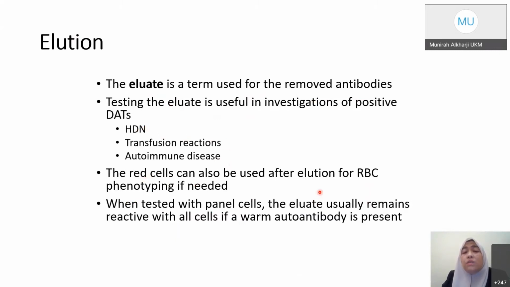The red cell can also be used after elution if red blood cell phenotyping is needed. So the eluate also can be run for red cell phenotyping. When tested with panel cells, the eluate usually remains reactive with all cells when warm autoantibodies are present. Usually the eluate contains IgG type, warm autoantibody.